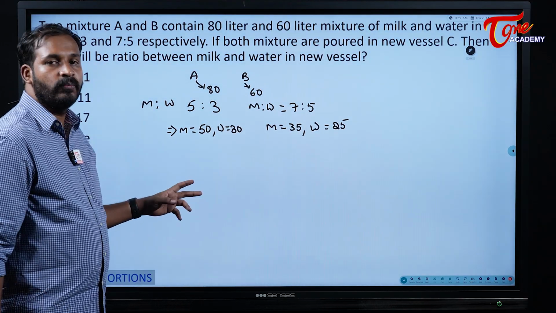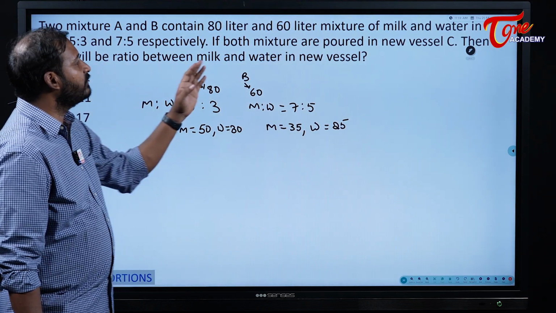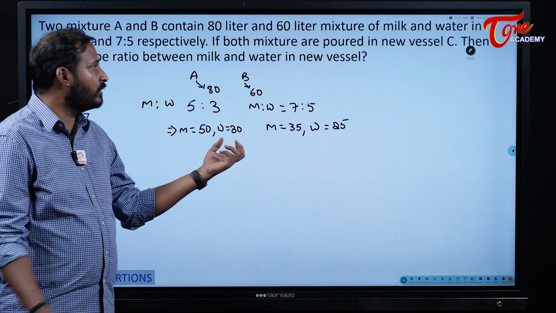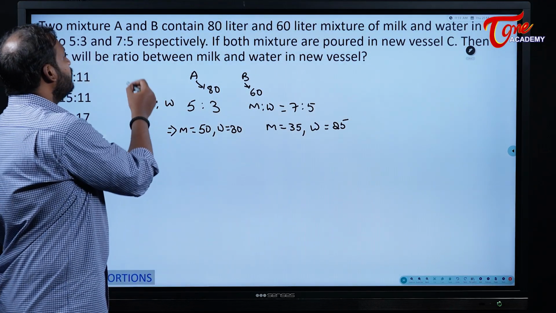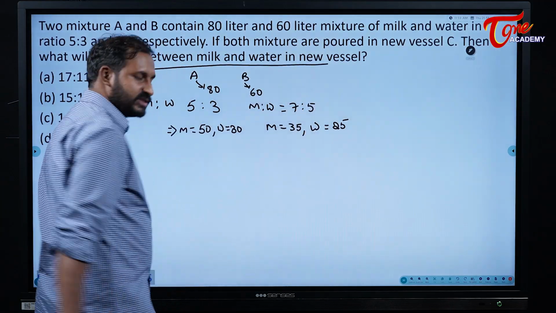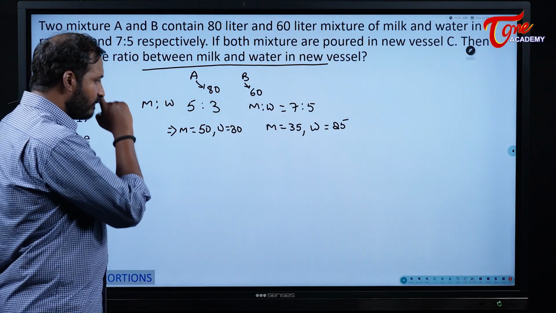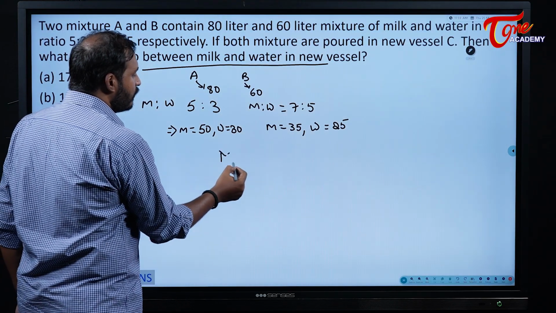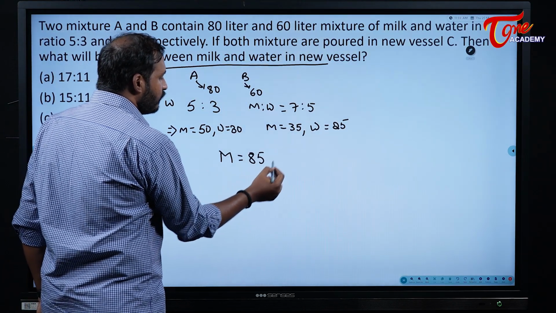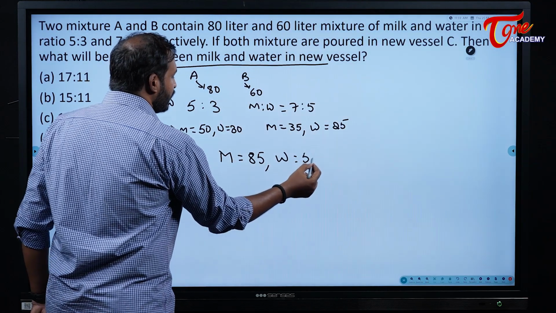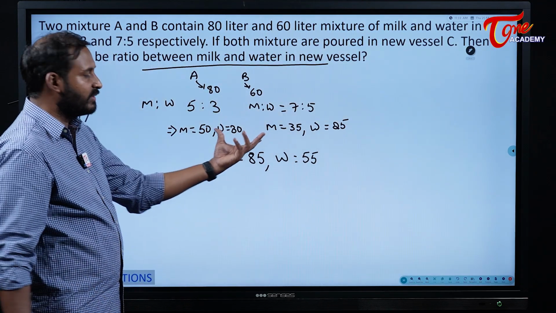So now these are the two portions which I have. Now if both mixtures are poured in a new vessel, what will be the ratio between the milk and water in the new vessel? Overall milk will become how much? 85 liters, and overall water will become how much? 55 liters. Why? Because you are mixing these two, right?